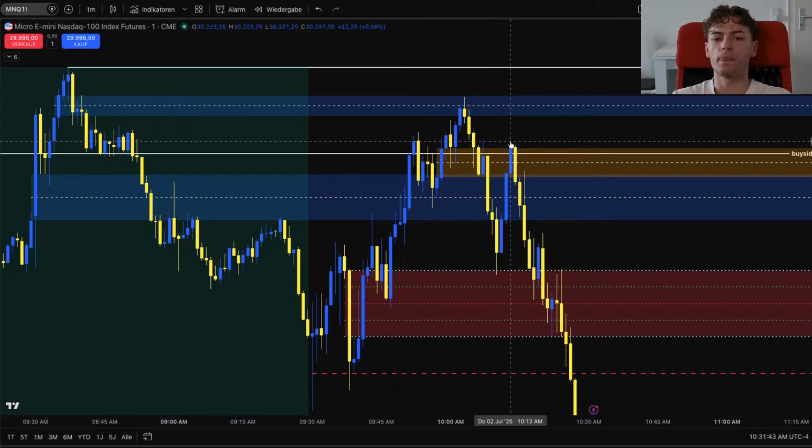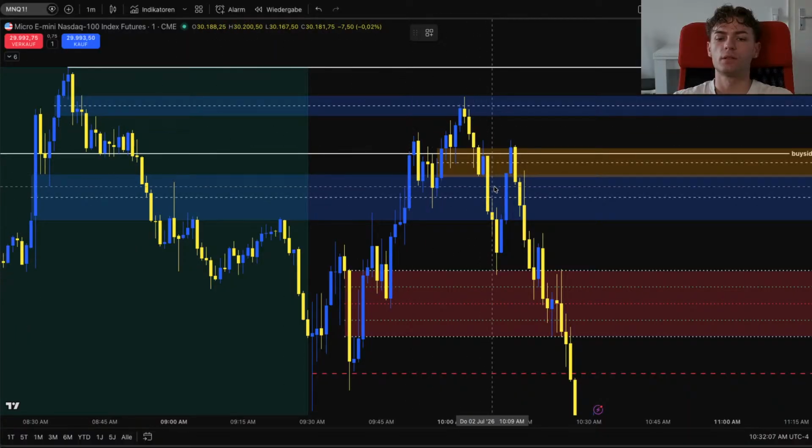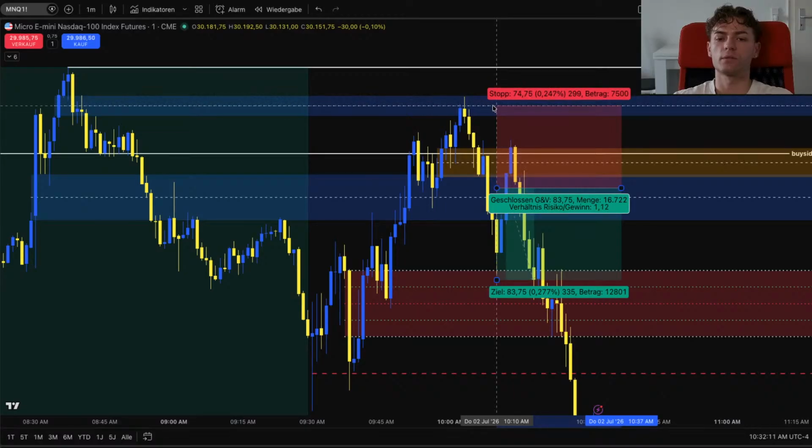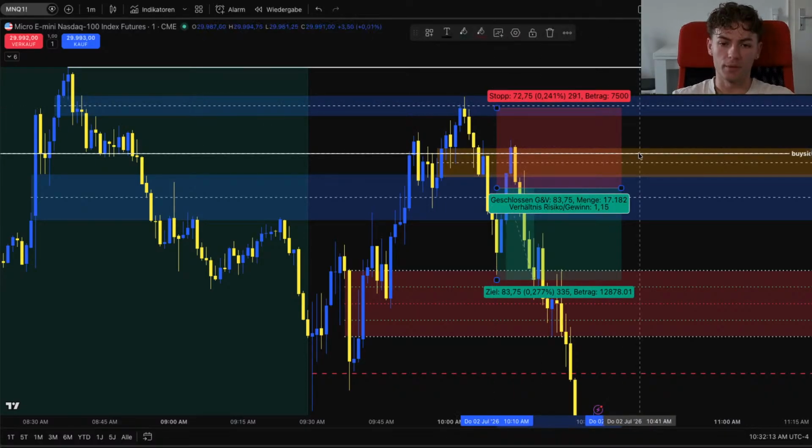But bro, I've seen it now multiple times where price just retraces higher, takes out that order block, or has a deep retracement and then moves lower. So your stop loss has to be above the first order block. And if you place your stop loss above the first order block, it's kind of a big stop loss. I mean, yeah, 72 points.